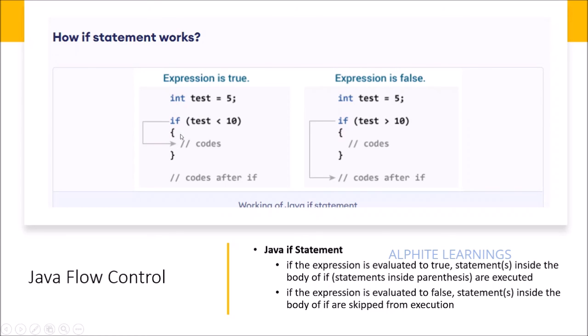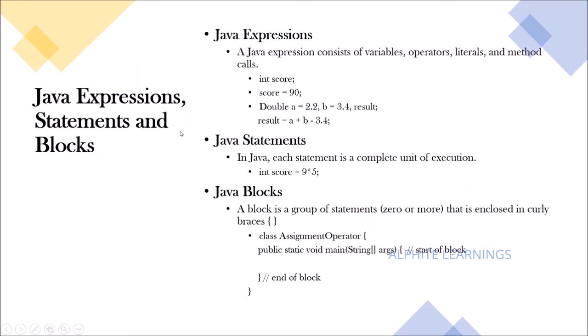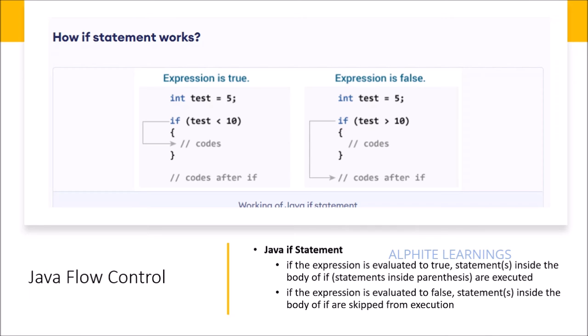Do you remember the nomenclature we learned just now, Java blocks? So this is an if block. Whatever code is inside this block will execute. If it fails, this block gets skipped, and whatever code is available after this if condition will execute.